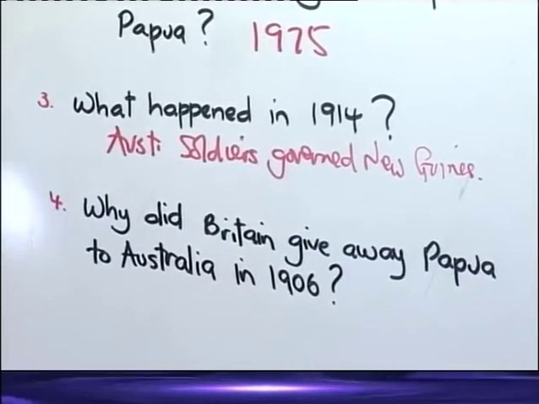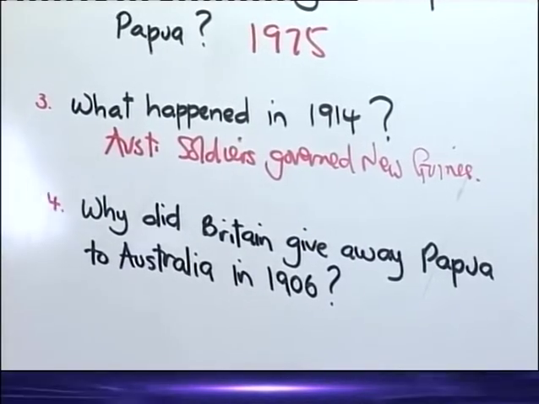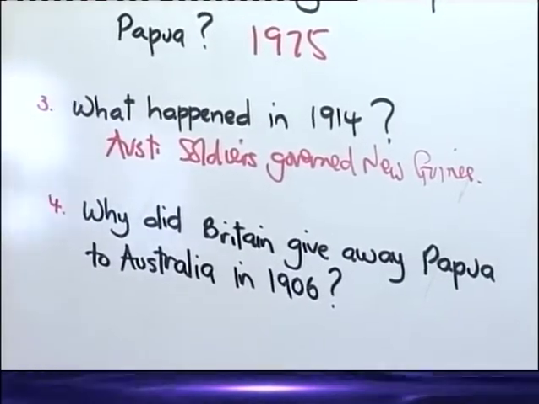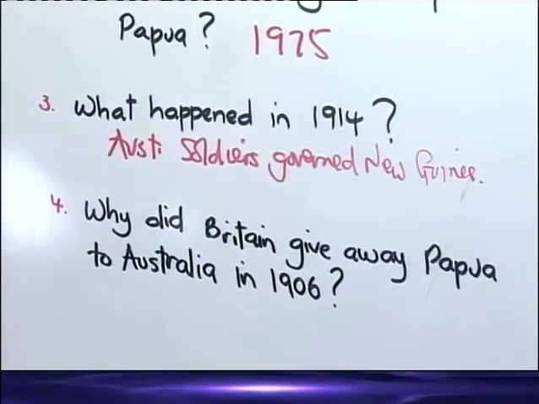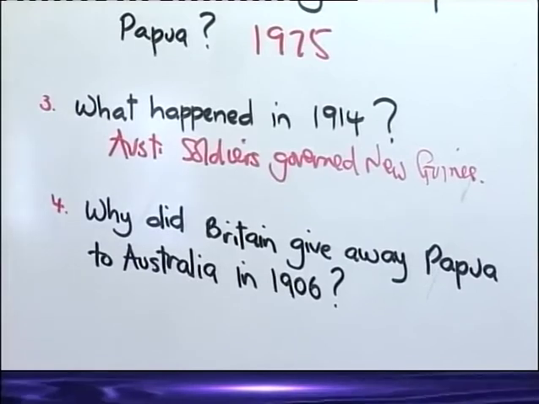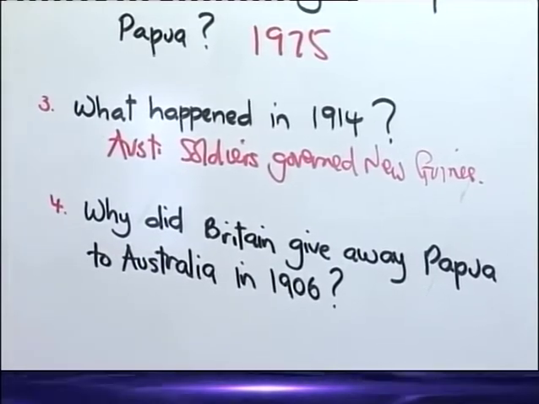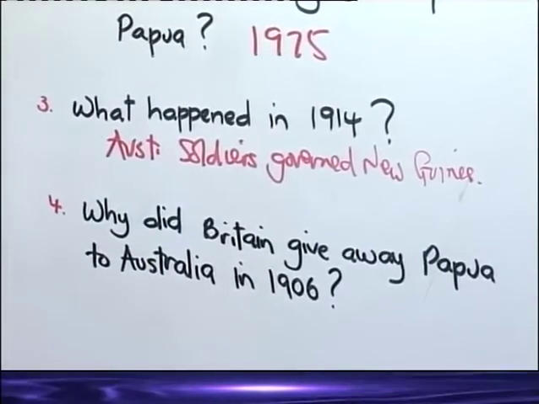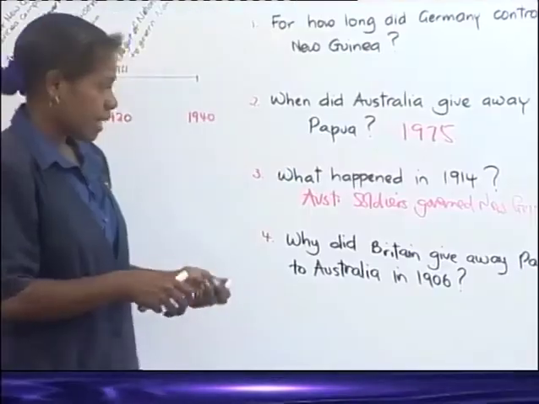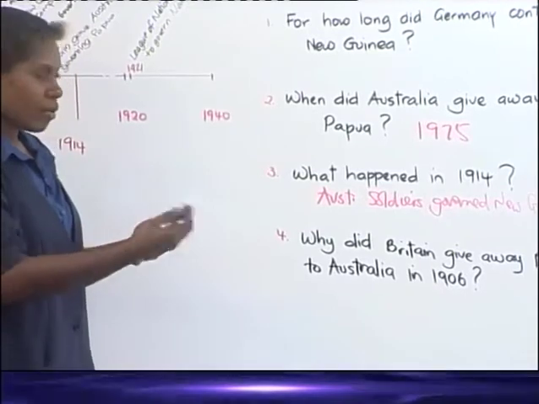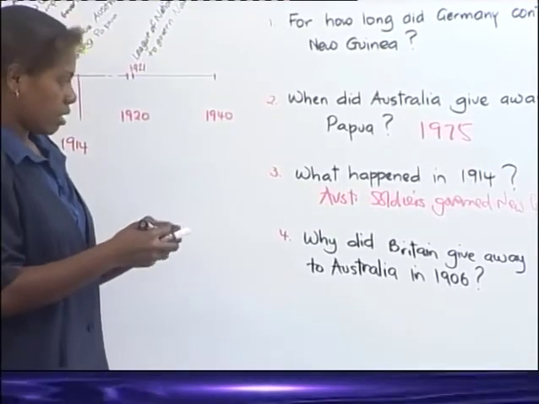Remember in 1884, it asked Britain to make Papua a British protectorate so that when it was independent, it could easily govern Papua. That's why Britain gave away Papua to Australia.